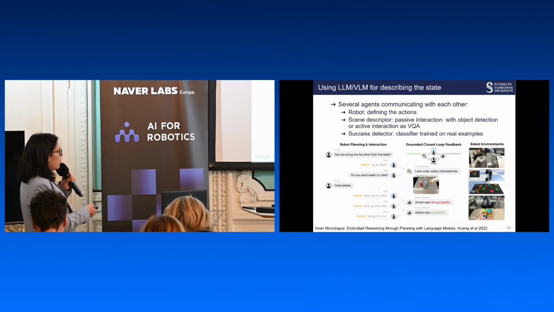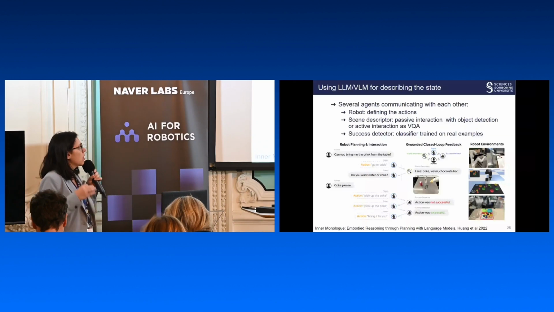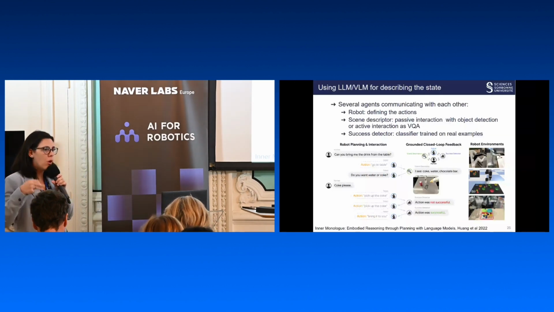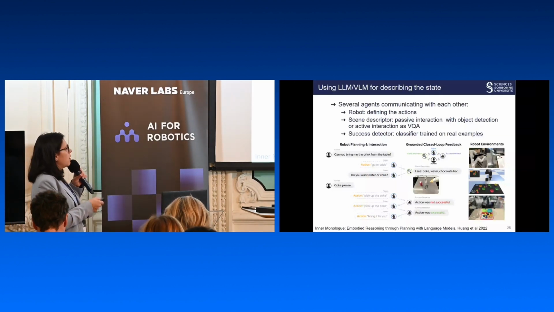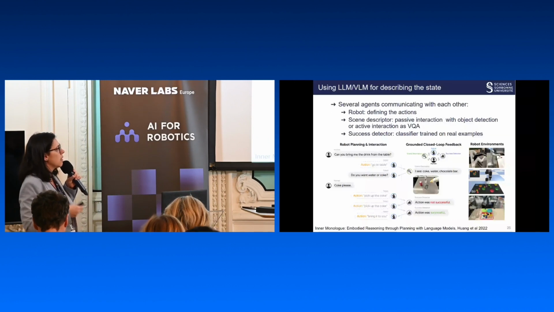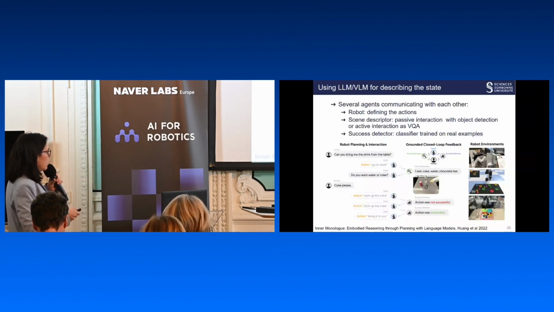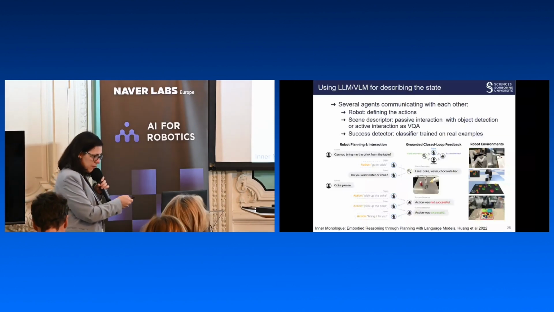So the first component is a scene descriptor, and also you have the success descriptor, which is a classifier which predicts whether the task, also the action here, will be successful or not. And this is actually a classifier which is trained on real examples and then used at inference according to the current situation. So here, large language models are both used to describe the scene and also to interact between agents.